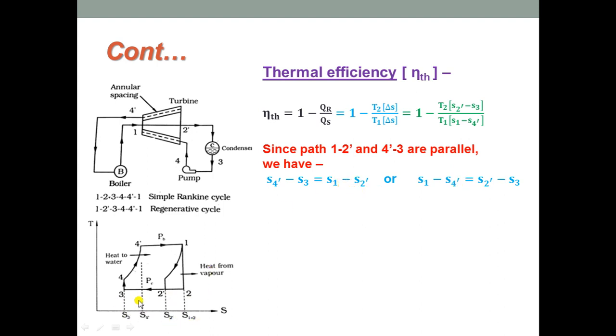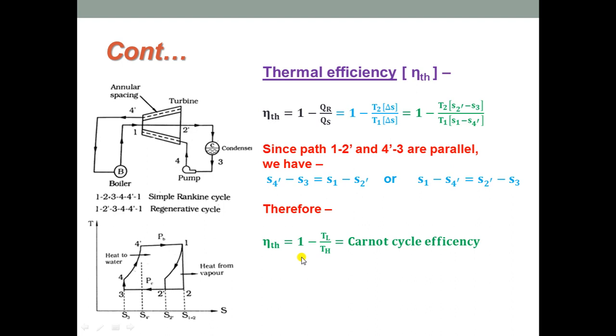The difference between these two dotted lines is the same because these two lines are parallel, or else we can also write S1 minus S4 dash is equal to S2 dash minus S3. So, based on the same principle, in the numerator and denominator you can replace either S2 dash minus S3 or S1 minus S4 dash, so it gets cancelled.